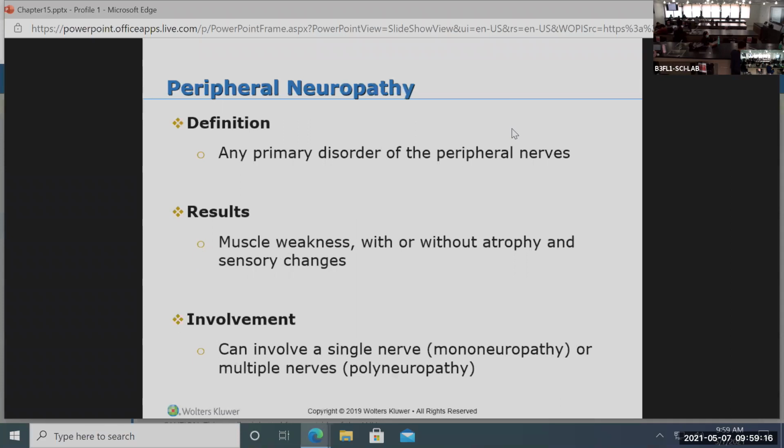Again, this is very important. It is called peripheral neuropathy. And the primary disorders, who is affected? It is my peripheral nerves. It might cause muscle weakness, with or without atrophy, and might cause some sensory changes.